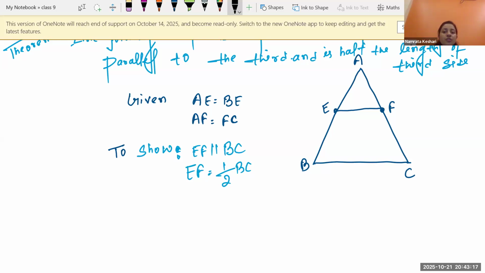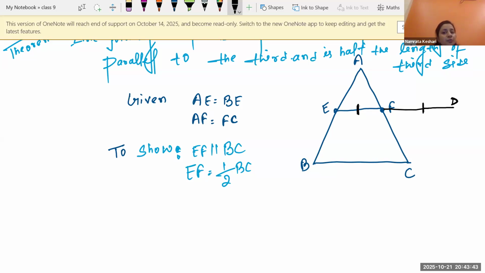What we will do is extend this line segment EF. We will be extending it in such a way that EF and FD, till D that I am stretching, are the same in length.